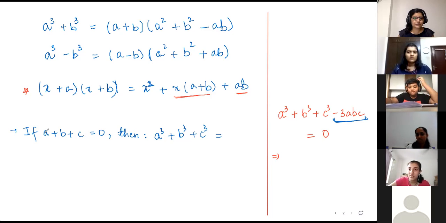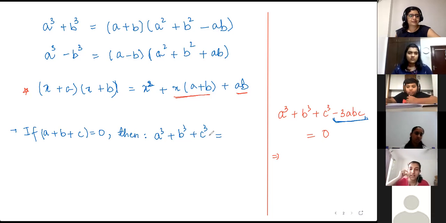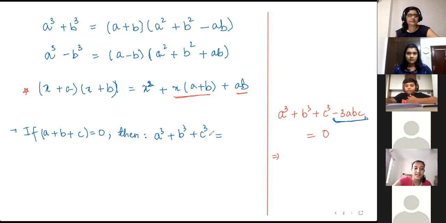What is equal to 0 is a plus b plus c. a plus b plus c is not the same as a into b into c. Right? Okay. But we are talking of the 10th formula, right?